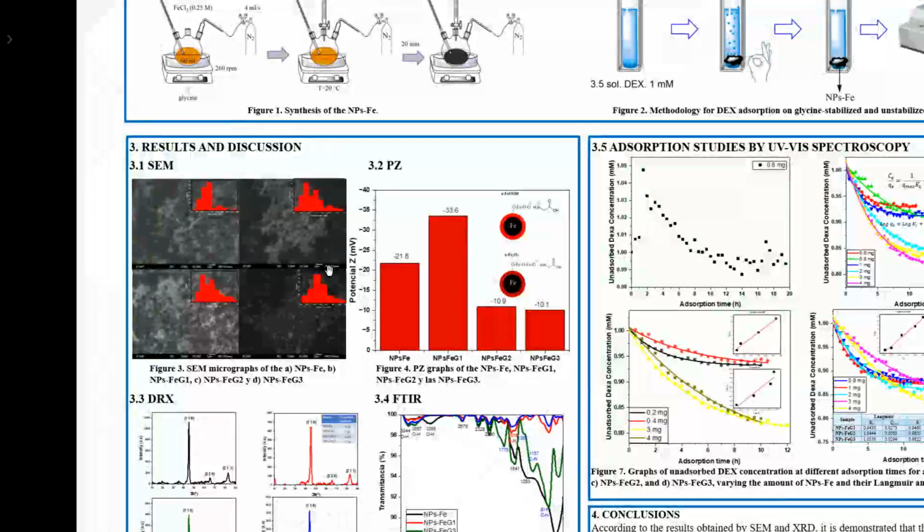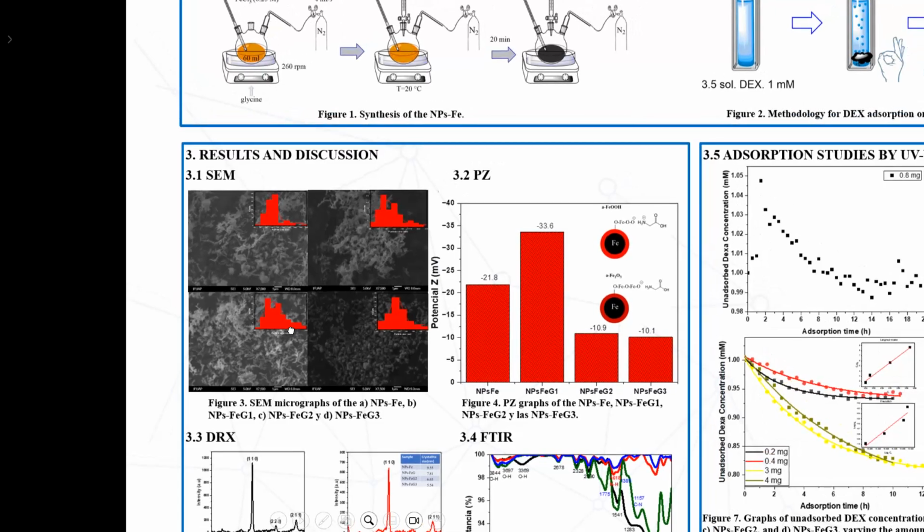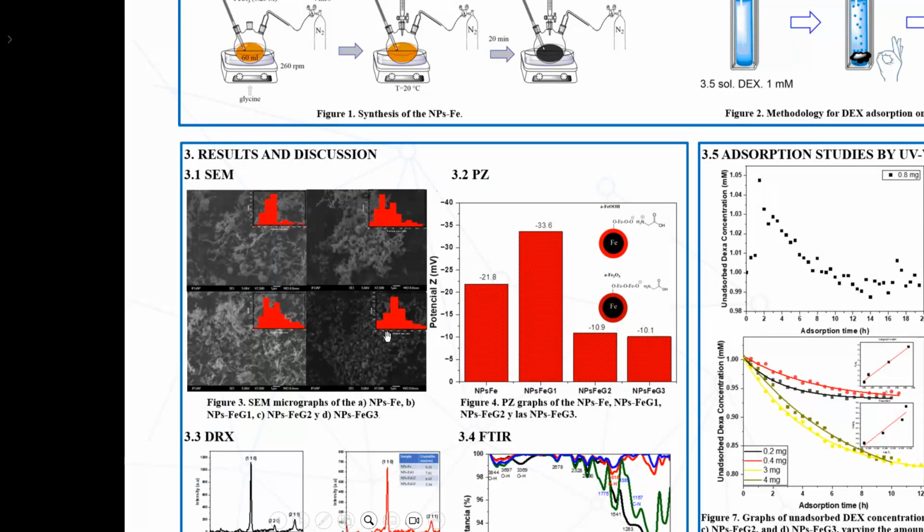And now for the results and discussion. In this part, we can see micrographs corresponding to the iron nanoparticles stabilized, unstabilized, and stabilized at different amounts of glycine.